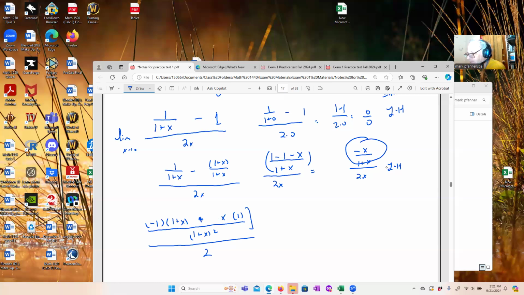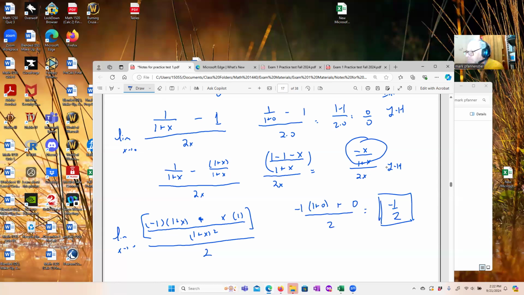So we had the derivative of the top, which itself was a quotient, divided by the derivative of the bottom, which is just 2. You still have the limit as x goes to 0. So let's plug in 0 for all of this. We have negative 1 times 1 plus 0 plus 0, divided by 2, and we end up with a negative 1/2 as the limit.